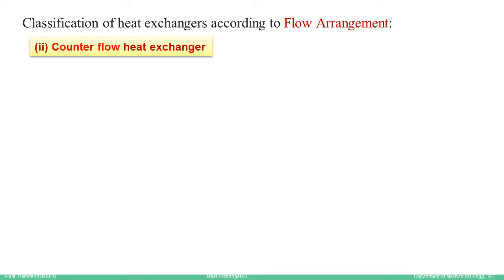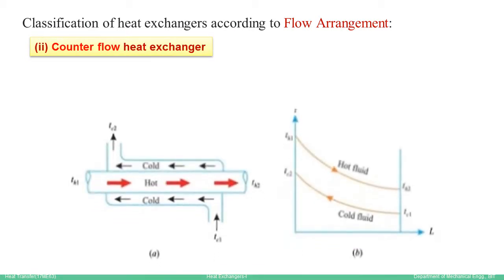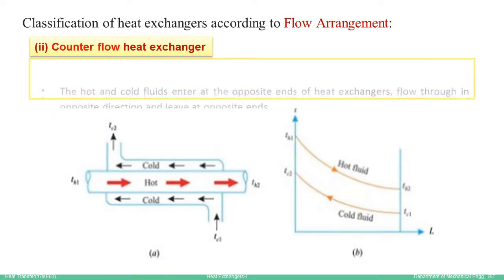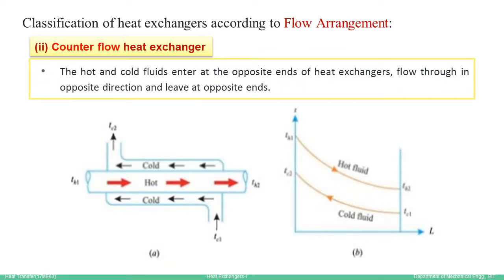Counter flow heat exchangers are those devices in which the flow of fluids, that is hot and cold fluids, are in the opposite direction. They enter the heat exchanger from opposite ends, and also they leave at opposite ends. If you check the sketch now, hot fluid is flowing through the central pipe, and cold fluid is flowing inside the annular space between the two pipes, but in the opposite direction, because of which you can see the variation in temperature profile.